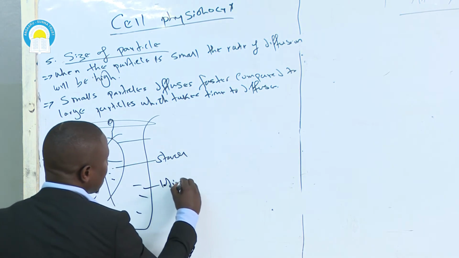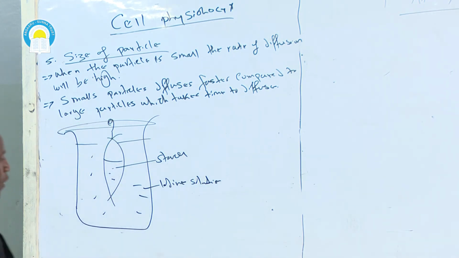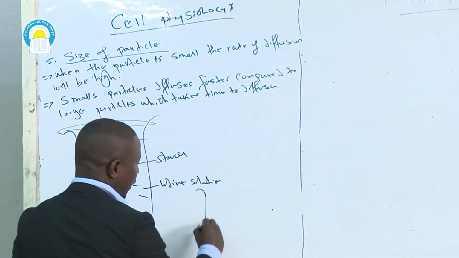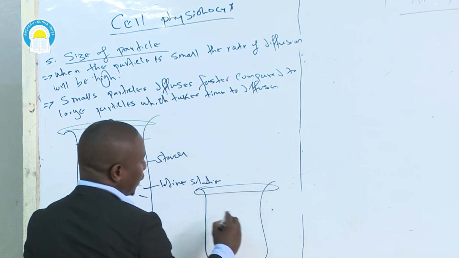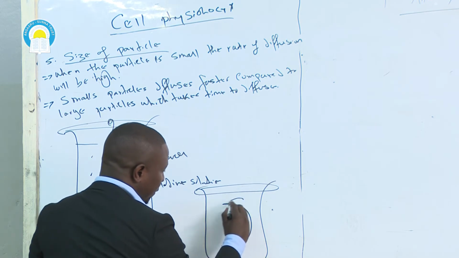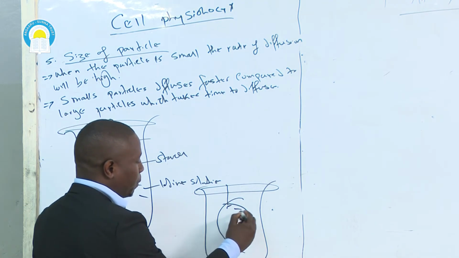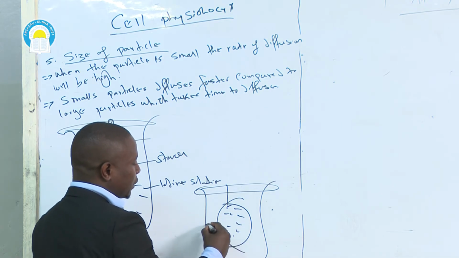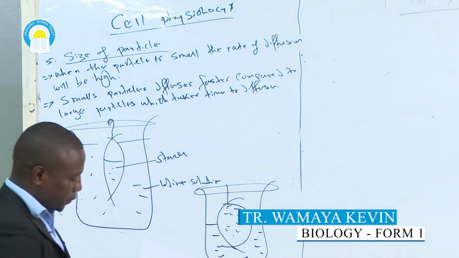Iodine solution. So at the end of the experiment, we are going to have this one here. The whisking tubing has now swelled up, and the iodine solution in the beaker has dropped.